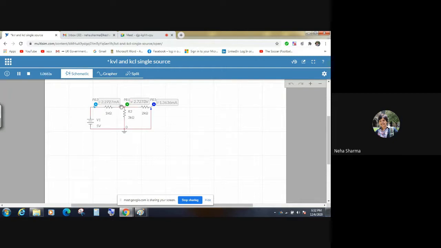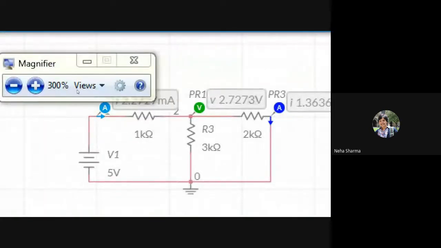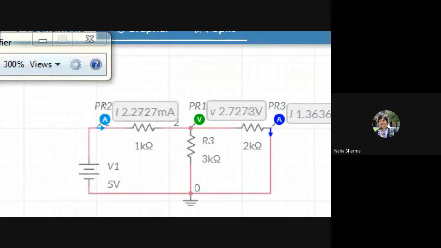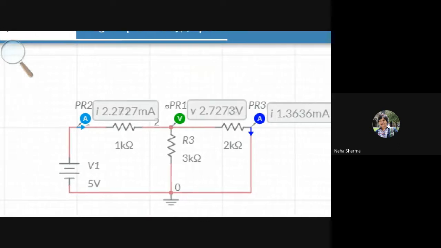Since the values are in DC, it cannot be peak to peak, so the values you are getting are these ones. Let me magnify it so that you can see it clearly. I'm getting I1 as 2.27 milliamps, V as 2.727, and I3 as 1.36 milliamps.